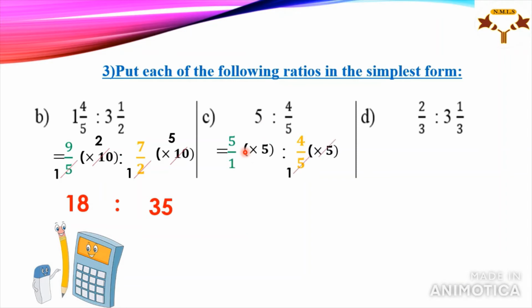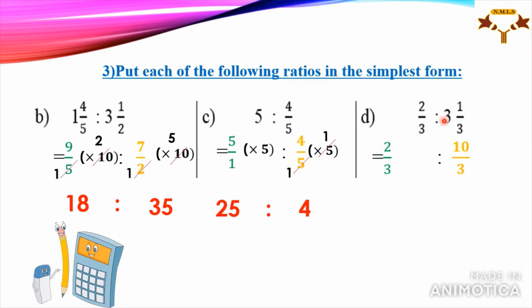Divide 5 by 5, 1, and again 1. Now multiply the remaining numbers: 5 times 5 equals 25, and 2 and 4 over 5 gives 4 times 1 equals 4. So 25 to 4 is in its simplest form.